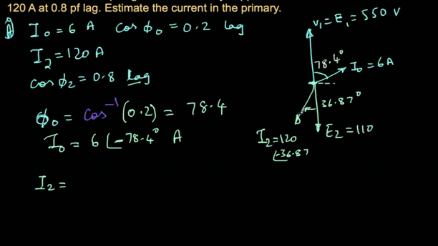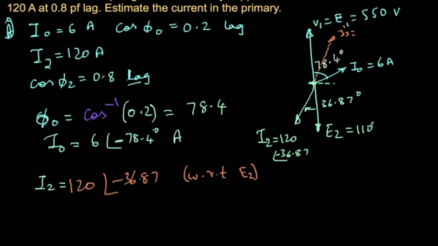Now I transfer I2 to the primary side. That means I go for I2 dash. You notice the voltage magnitude is going from 110 to 550. The voltage is increasing, so therefore the current will reduce. Here I am writing I2 is 120, angle is minus 36.87. This is with reference to E2.